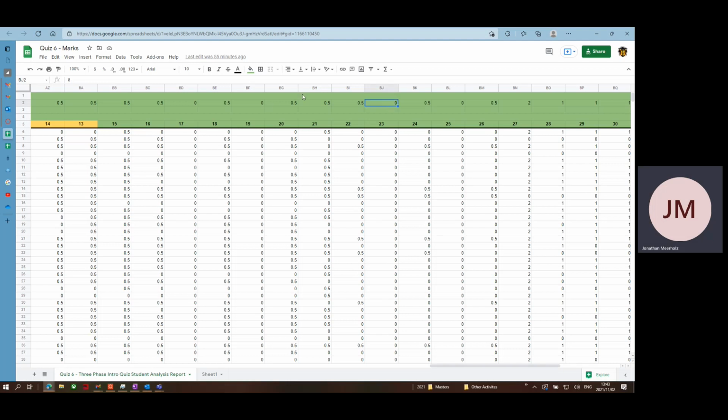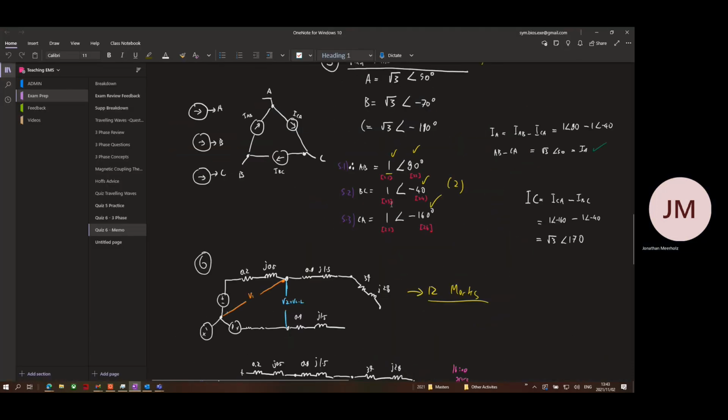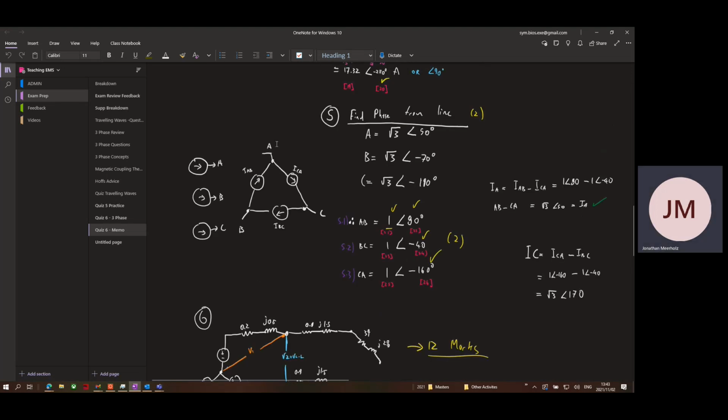Notice that these ones have 0 for the magnitude ones. You see, 23 and 25 are both 0. That makes sense because if we go to 23 and 25, you see the magnitudes are all the same in a balanced system. That's why I didn't think you could get a whole mark.